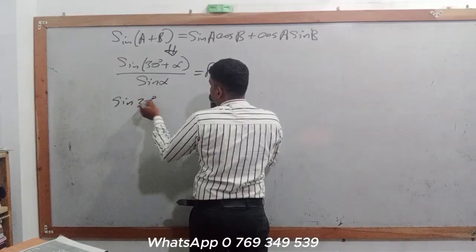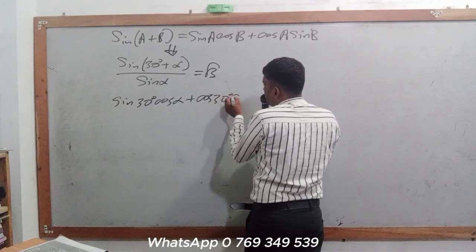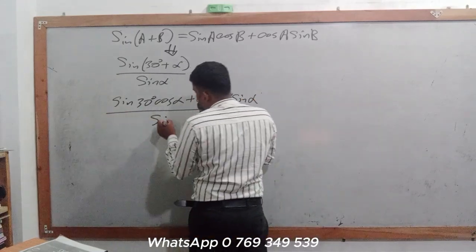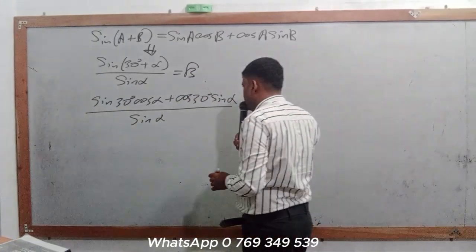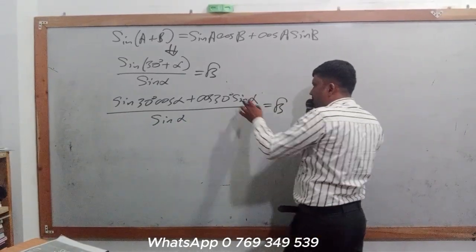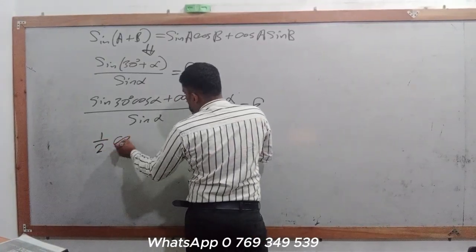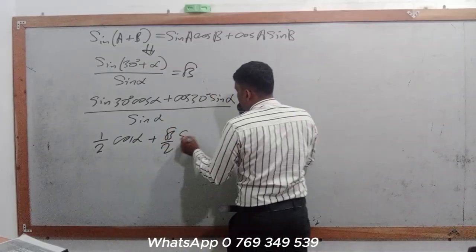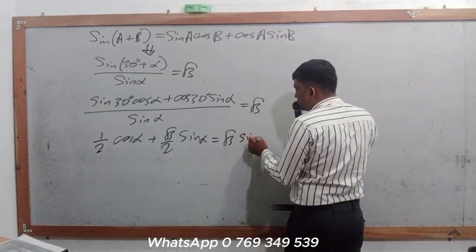Now use this one. Sine 30 cos alpha plus cos 30 sine alpha, divided by sine alpha, equals root 3. Multiply by sine alpha and add values. Sine 30 is half, here cos alpha, plus cos 30 is root 3 over 2 times sine alpha, equals root 3 sine alpha.